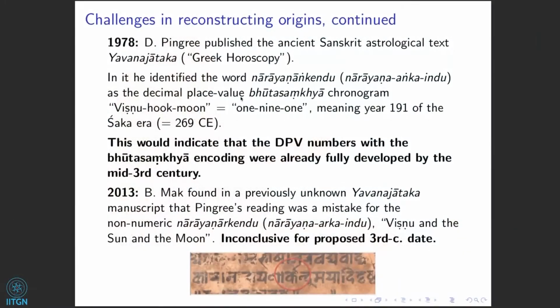So here's a nice little image of the manuscript. Gosh, that's still a little dim there, but with more illumination, you can see that that is an Arka and not an Anka.